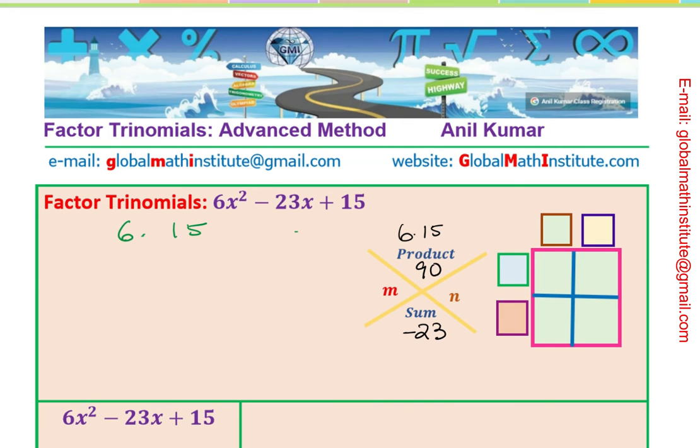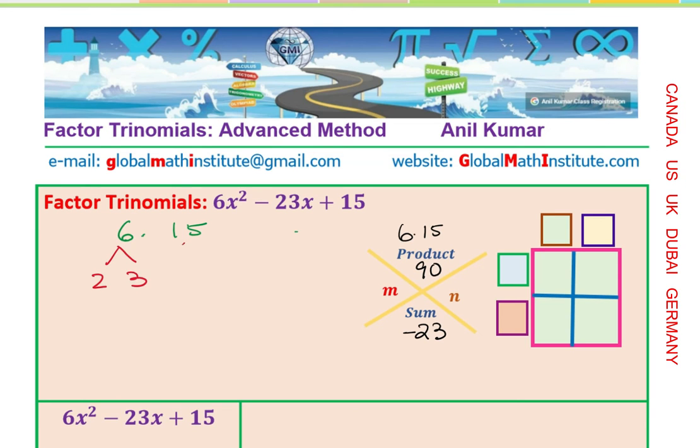See how and why. So let's use 6 times 15. And instead of multiplying them, let's factor them. So if you factor 6, you get 2 times 3. And if you factor 15, you get 3 times 5. So basically, to get negative 23, we have to use two numbers which are negative, which when added will give you negative 23, and when multiplied will give you positive 90.